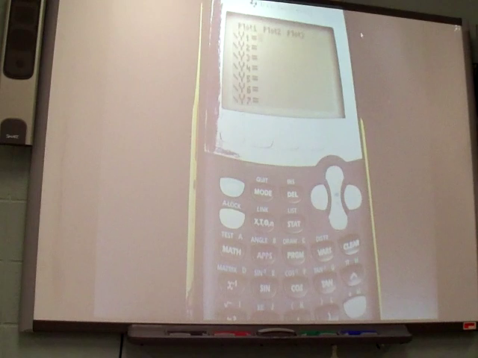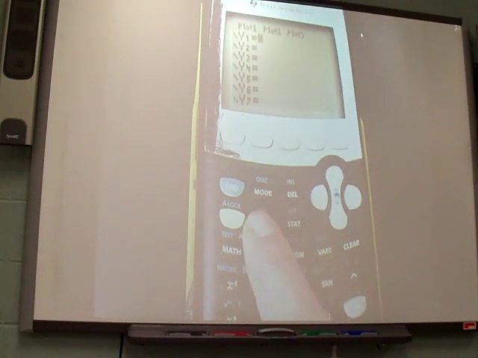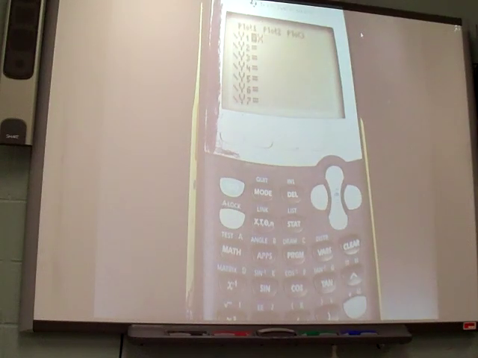Okay, so the first one that we did was just x cubed. Your x button, right there underneath the mode, see it says x, t, theta, n, that's your x button. So I'm going to get x. Then to get a cube, over here on the far right underneath the clear, see that carrot top or rooftop? That brings it to your power.